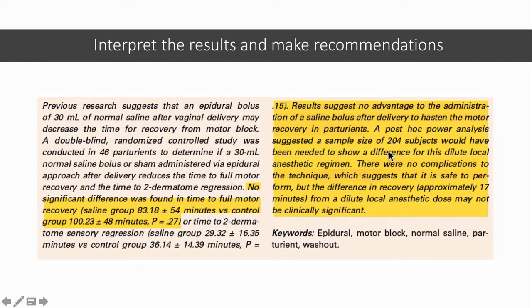But what we did do is a post hoc power analysis, and it suggested we may have needed 200 subjects to actually answer the question that we proposed, based on the differences that we found between the saline and control group with this degree of standard deviation or variability.